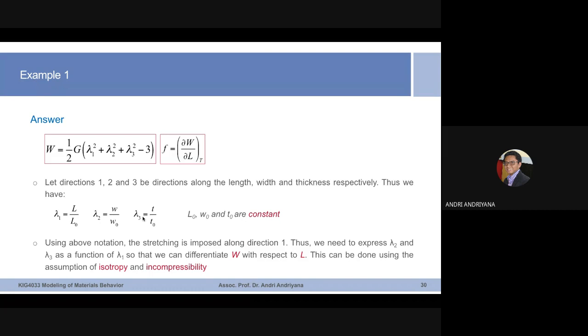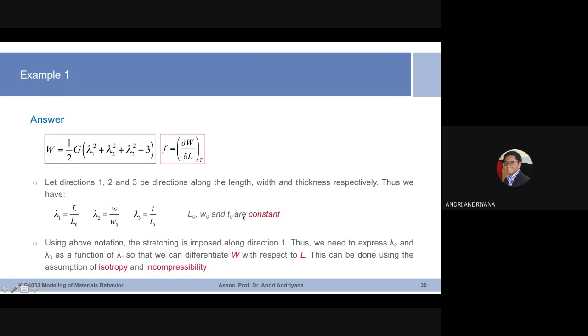The more I stretch along the length, the more contraction I have along thickness and along the width, which means that lambda 2 and lambda 3 depend on lambda 1. So from these observations, I need to find the link between lambda 2 and lambda 1, and lambda 3 and lambda 1. Okay?